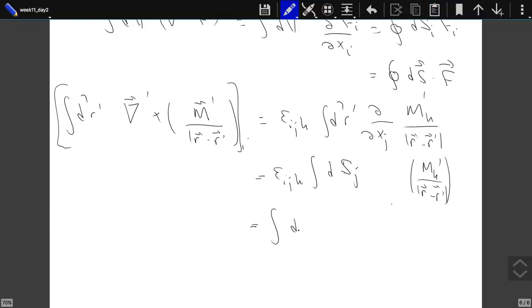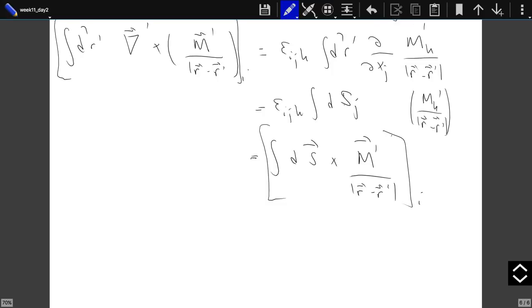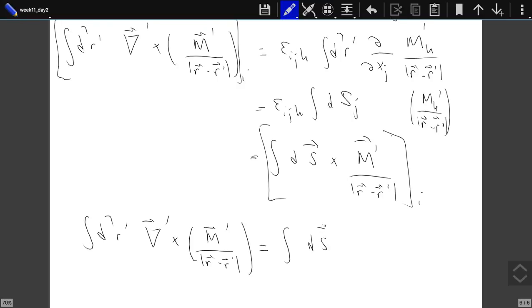But this is nothing but the dS vector cross product with M prime over |r minus r prime|, the i component. So this integral, d cubed r prime, times the curl of M prime over |r minus r prime|, is equal to the integral of dS cross M prime over |r minus r prime|.